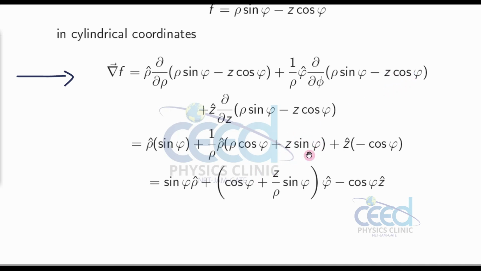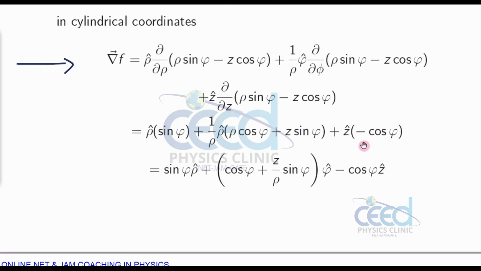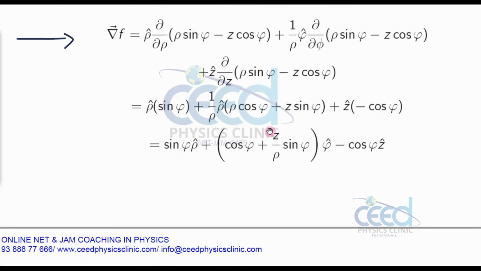Okay, now when you do with respect to z, this term is 0, and this is minus cos φ, so the answer is z cap minus cos φ, so that you can substitute. Okay, ρ cap sin φ, and here cos φ, if you take a ρ out and cancel, here cos φ plus z/ρ sin φ into that is here ρ cap.